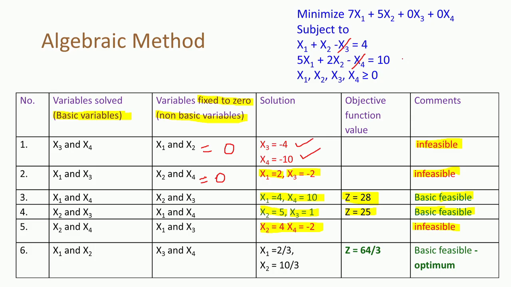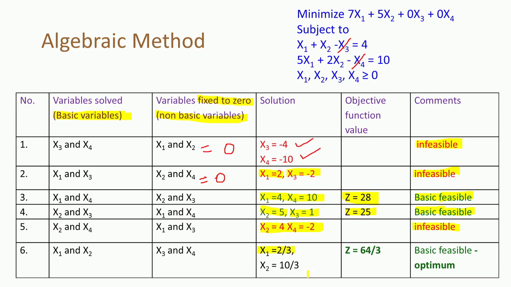I have to solve for x1 plus x2 equal to 4, 5x1 plus 2x2 equal to 10, and I multiply the first equation by 2 to get 2x1 plus 2x2 is equal to 8. Subtracting, I will get 3x1 is equal to 2, x1 is equal to 2 by 3, which is shown here.